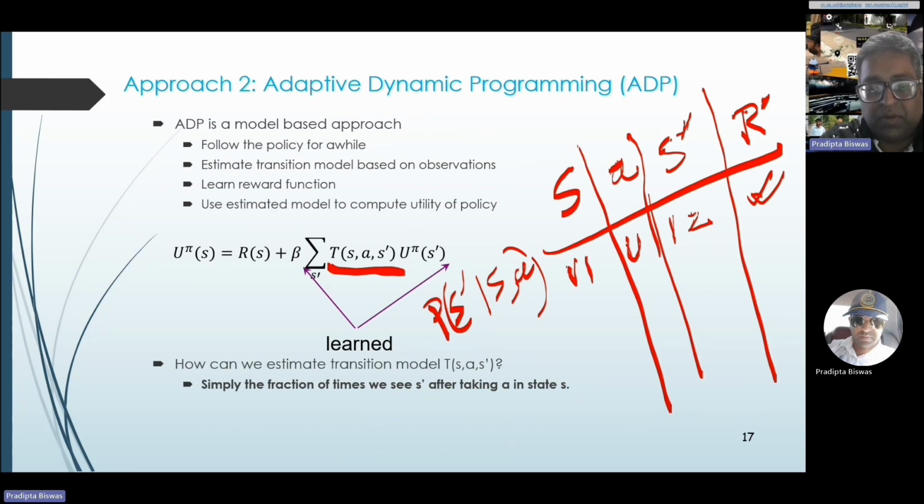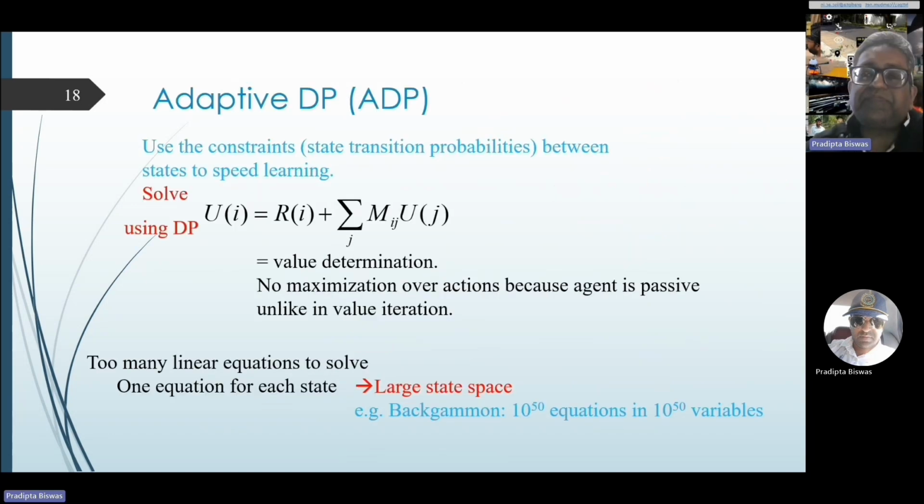It is simply the fraction of times we see S' after taking A in state S. Both are the same expression. From that, we put it in the Bellman update, and once we know the state transition probability matrix, we can use value or policy iteration. In this case, we use the policy iteration algorithm to get the optimal policy.